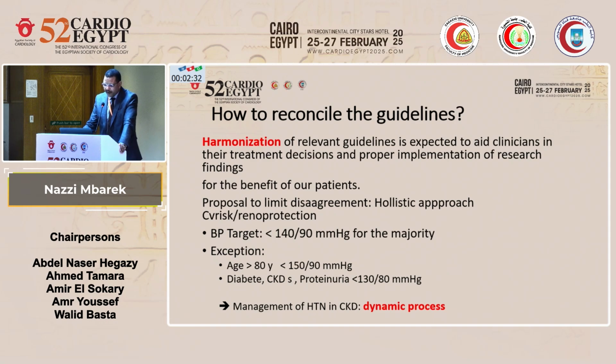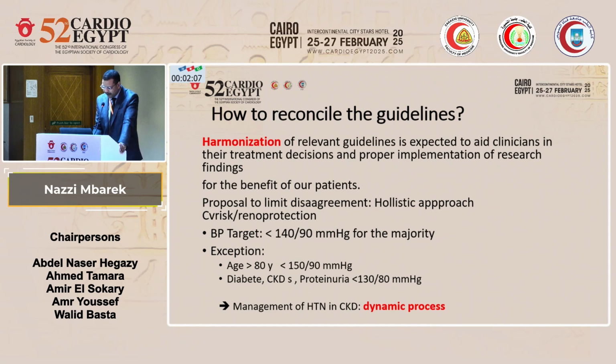We have to harmonize the relevant guidelines in order to give the clinician just one paper on which he can rely for the benefit of our patient, and propose to limit disagreement by setting a holistic approach. That means nephroprotection and cardioprotection as well.